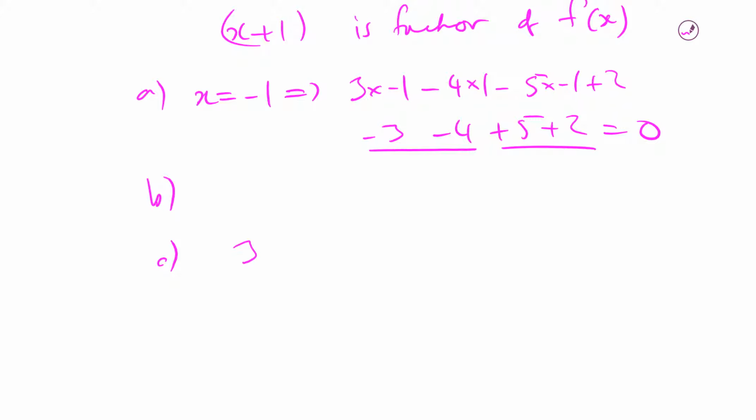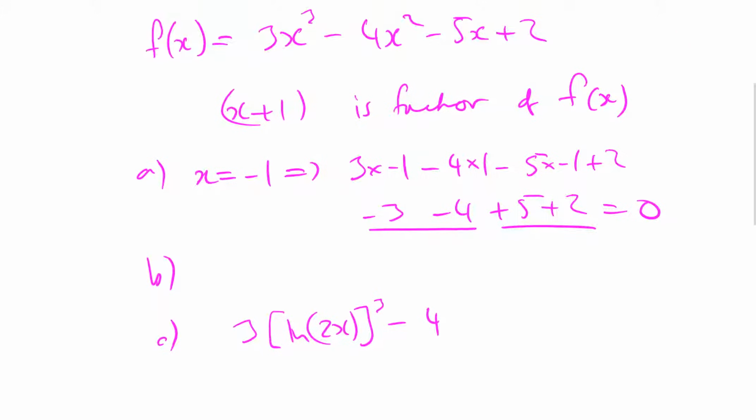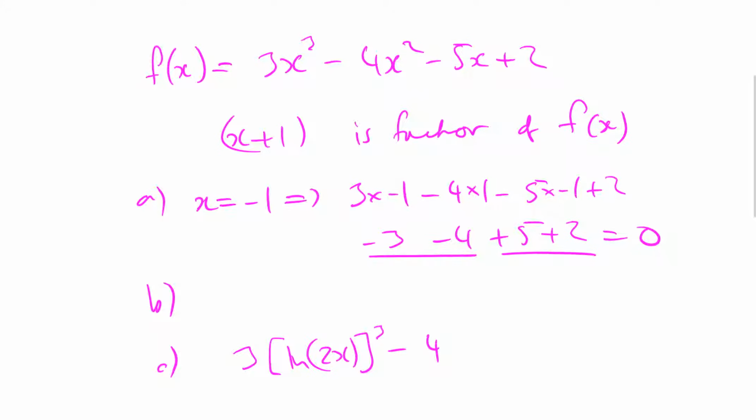Oh, probably should have picked a better one. It is half to do with it. So it's got ln 2x cubed minus 4, and you can kind of see how it's linked to the previous part, can't you? Yeah. It had to be, it's part of the same question.